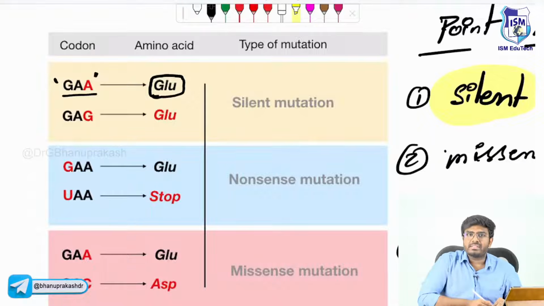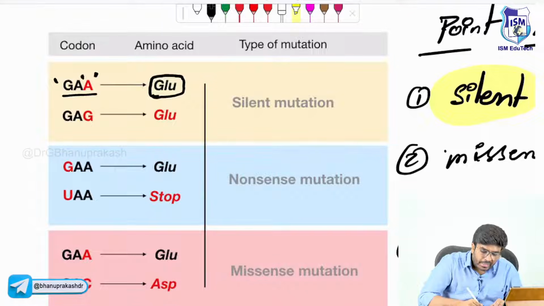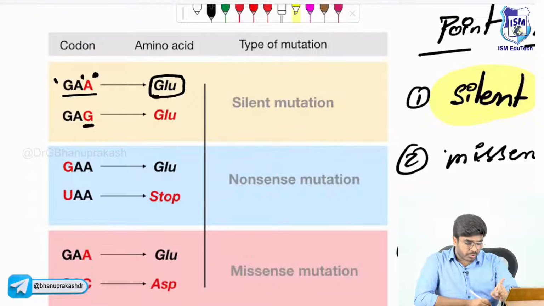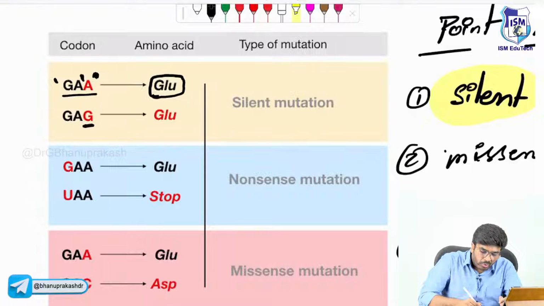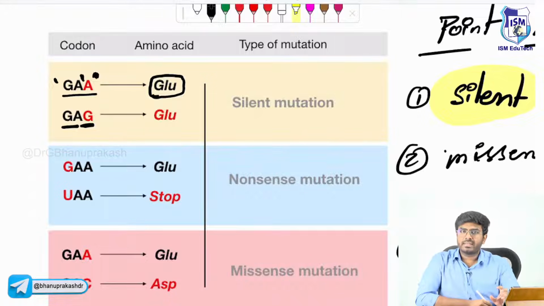Now a small point mutation occurred in the DNA, so that in the place of adenine, guanine came. It was supposed to be GAA, but now it is GAG.